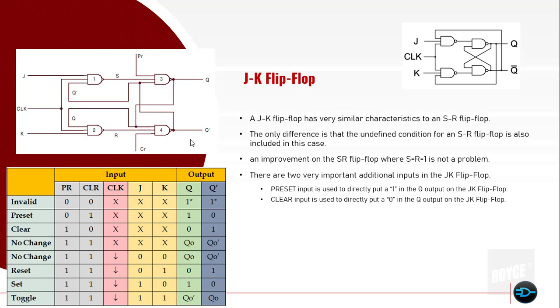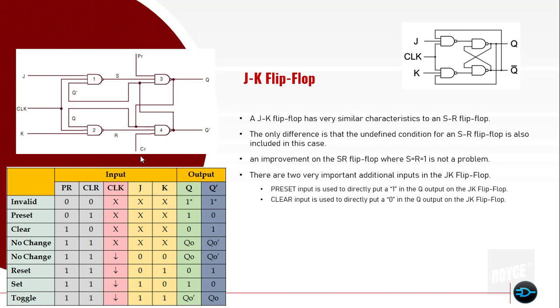There are also other JK flip-flops which do not have these additional inputs. Isang example niyan is itong nasa taas. But mostly, meron siyang preset tsaka clear. So, eto naman siya.